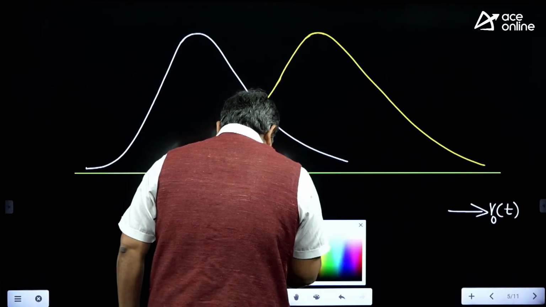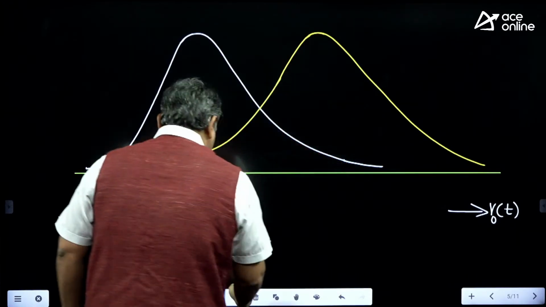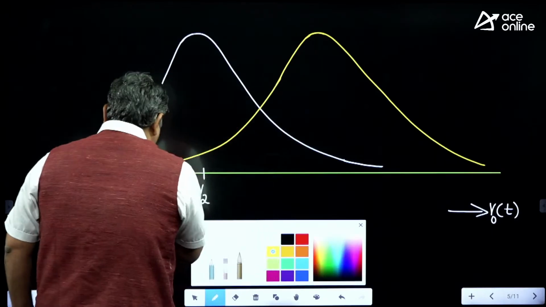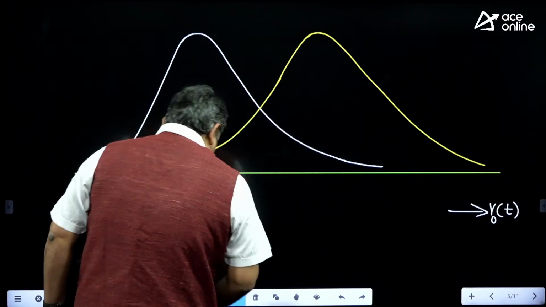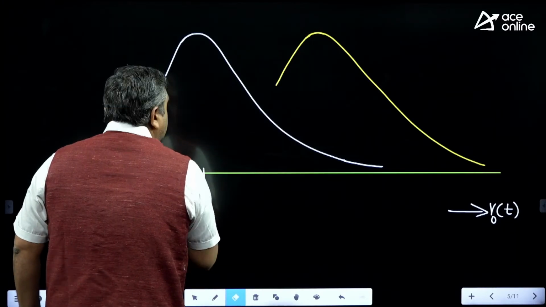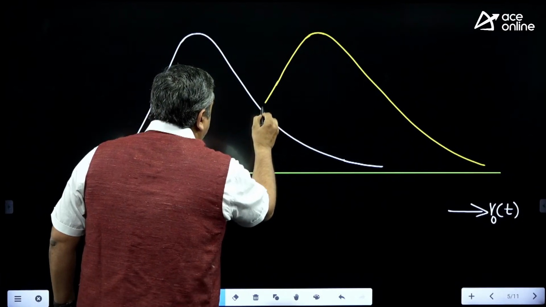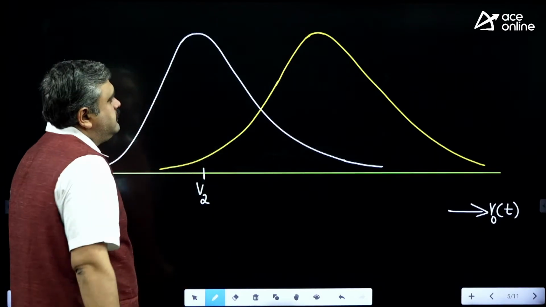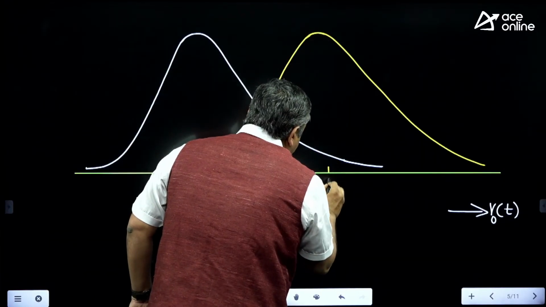Try to keep it as simple as possible. Now, the value of this mean is V1.